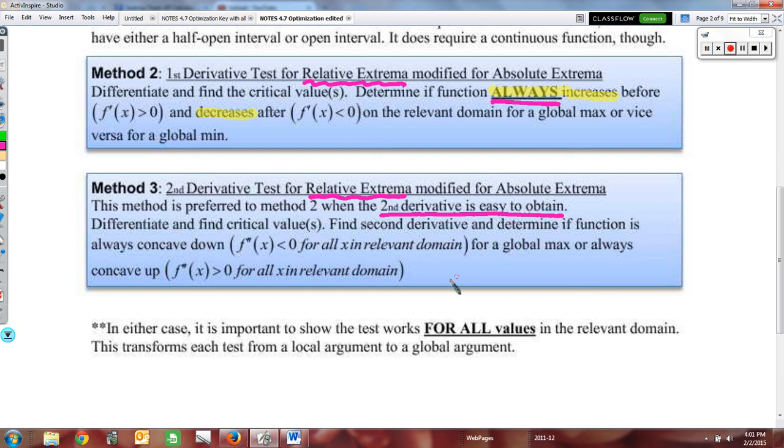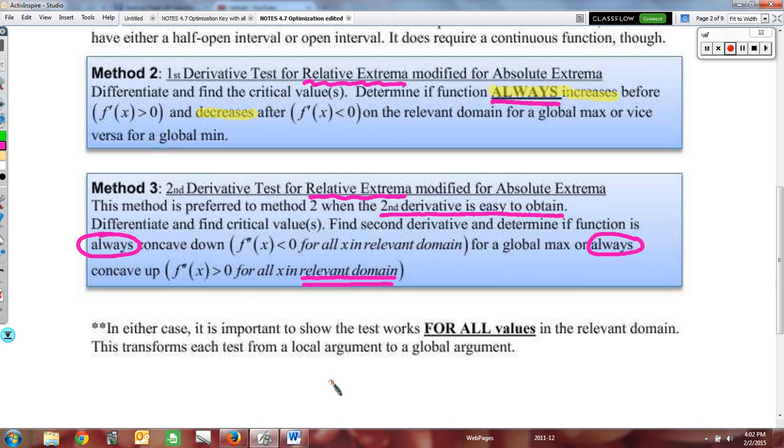And what you want to do is determine, and again, the key word here is always. If the function is always concave down, you have a global max at the critical value. And if it's always concave up, you have a global min at your critical value. And it has to be concave up for all x in your relevant domain.